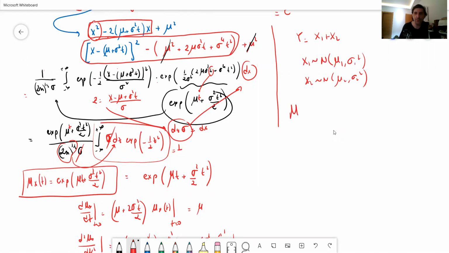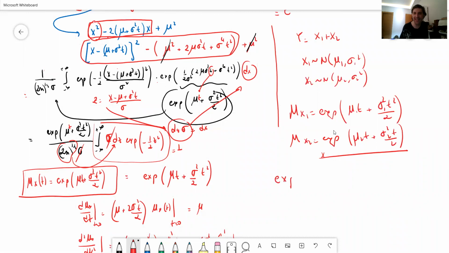So here, M_X1(t) is going to be exp(μ1 t + σ1² t²/2), and M_X2(t) is going to be exp(μ2 t + σ2² t²/2). So when you multiply those two, we are going to be adding the exponents: (μ1 + μ2)t + (σ1² + σ2²)t²/2.